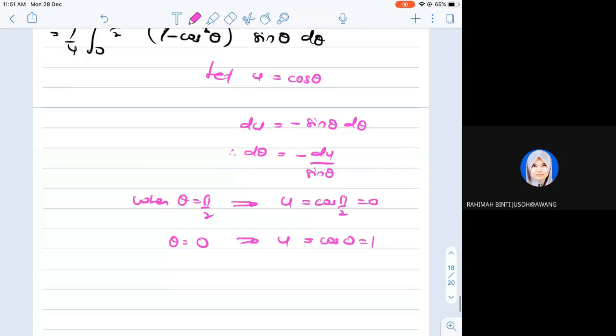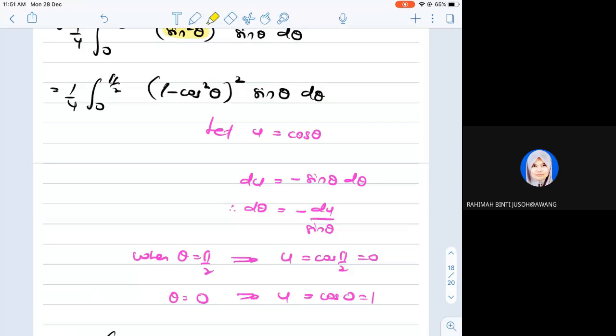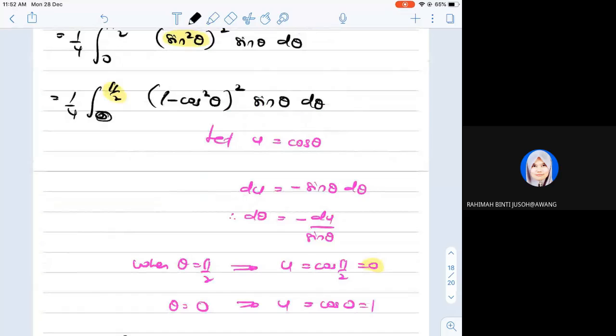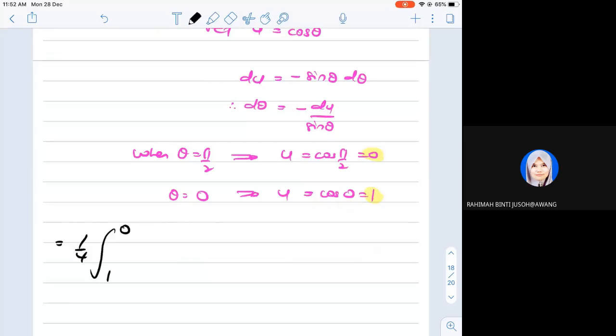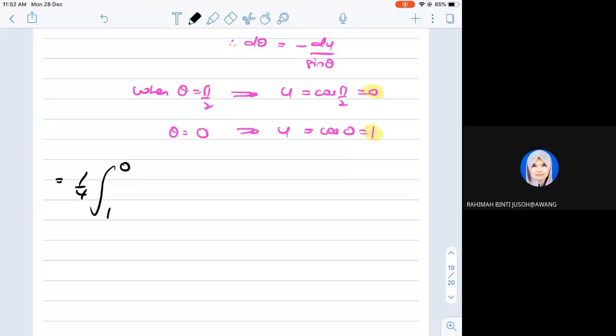Okay, let's continue. It equals 1 over 4 from before. The integration limit pi over 2 becomes 0, and the limit 0 becomes 1. So the 1 goes at the bottom. So 1 minus cos squared theta, with u equals cos theta, becomes 1 minus u squared, like this.